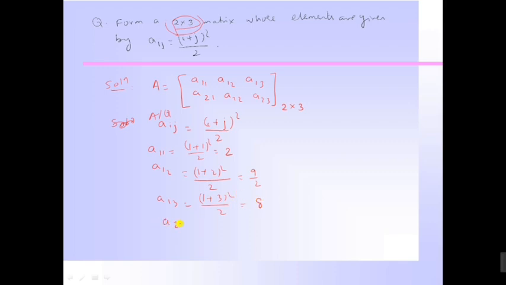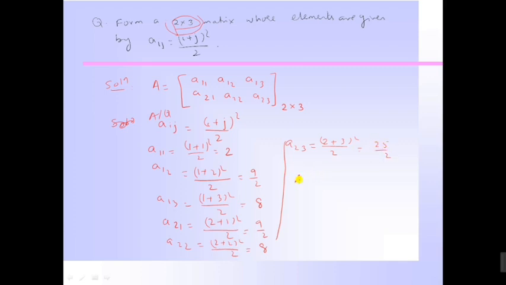Then A21 is (2 plus 1) whole square divided by 2, again 9 by 2. A22 will be (2 plus 2) whole square divided by 2, which is again 8. Then A23 will be equal to (2 plus 3) whole square divided by 2, which is 25 divided by 2.